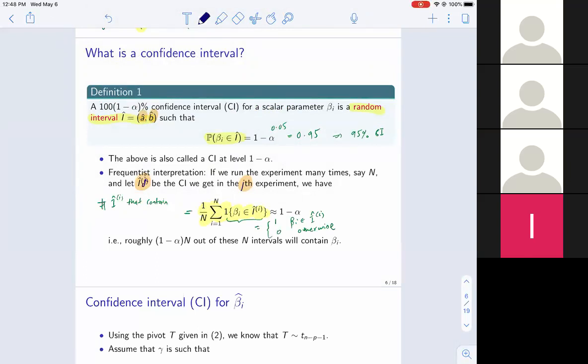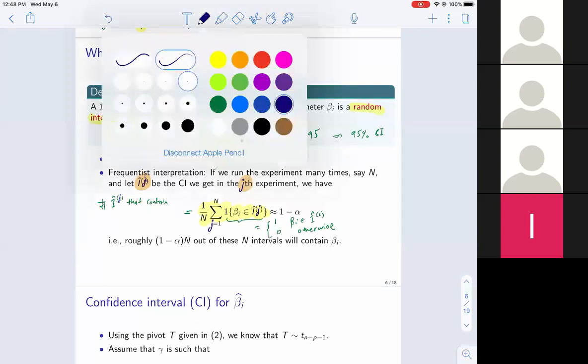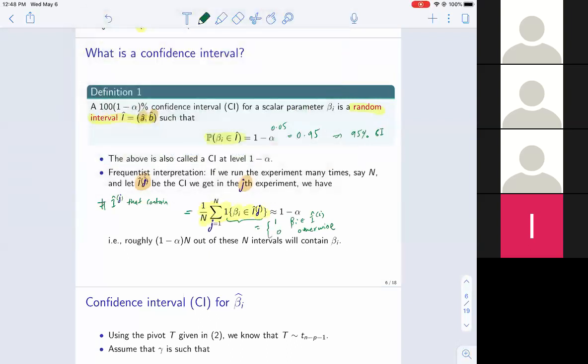Let's do it with J, because beta I is fixed. So this is the number of I hat J that contain beta I, divided by n.